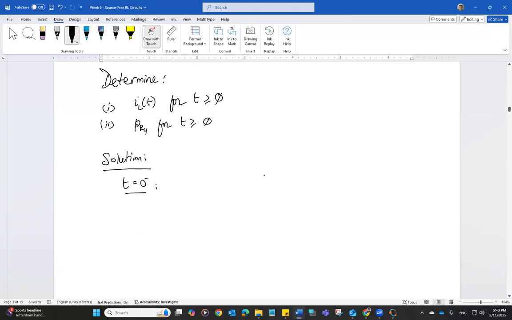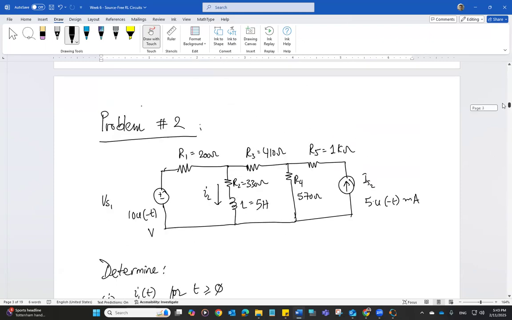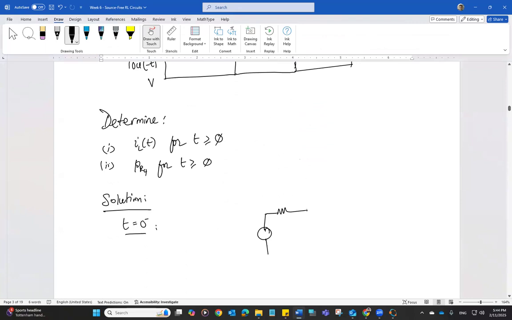So let's redraw the circuit and show the inductor as a short. You don't have to do that if you have the circuit though. I'm just going to draw it for the sake of simplicity. Two resistors. Inductor is short. Another resistor.